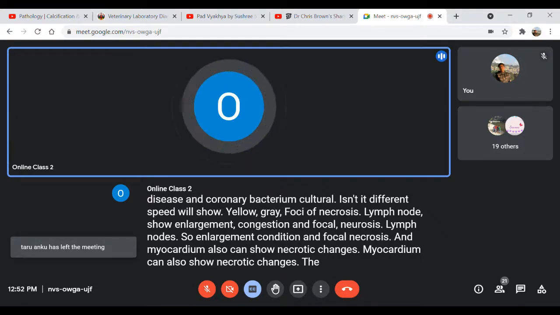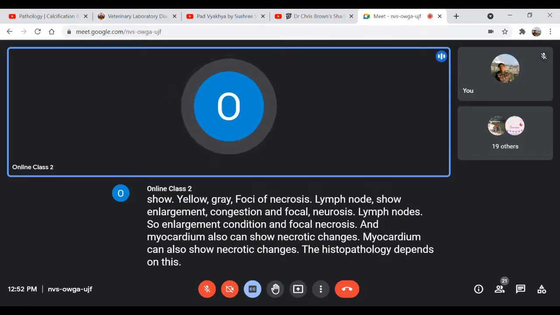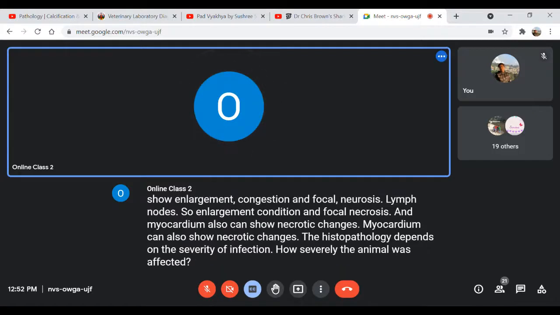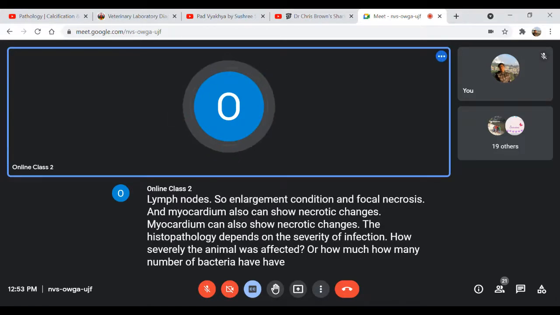The histopathology depends on the severity of infection, how severely the animal was affected, or how many bacteria have proliferated in the body.